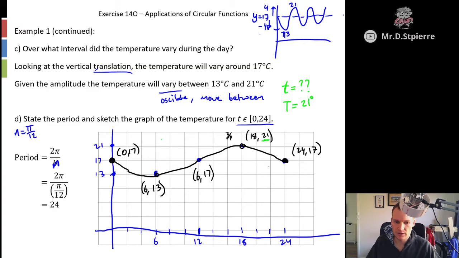Well, I should have labeled my axes, capital T, small t, and that's in hours, and this is in degrees Celsius. If you told me that t is equal to 18, well, yeah, reading off the graph it is, but what is the time when that occurred? Well, midnight plus 18 hours, time is 6 p.m. So you've got to be able to interpret from that frame of reference.